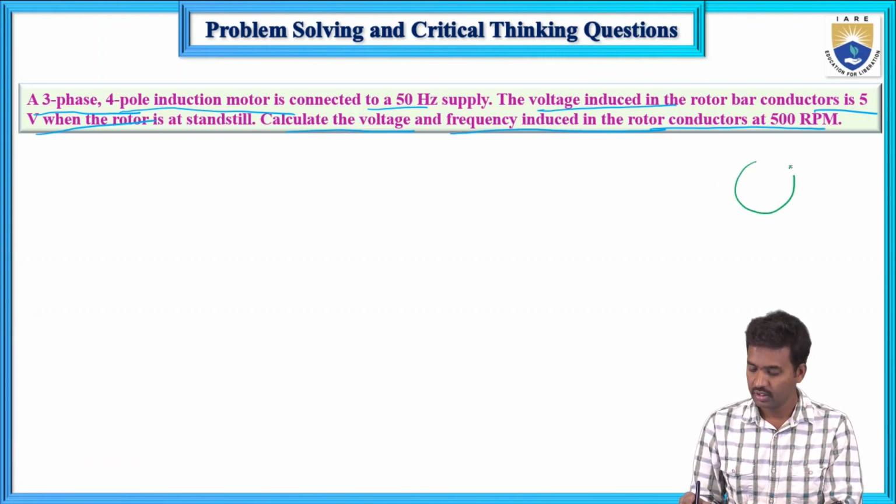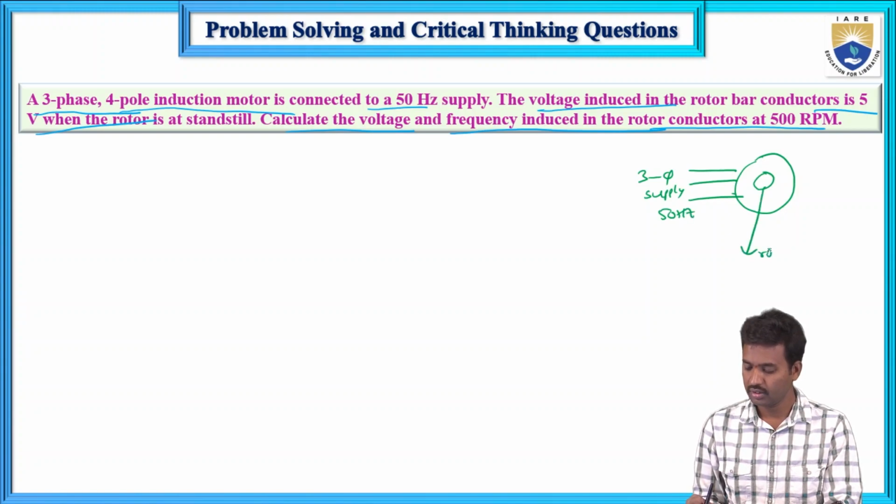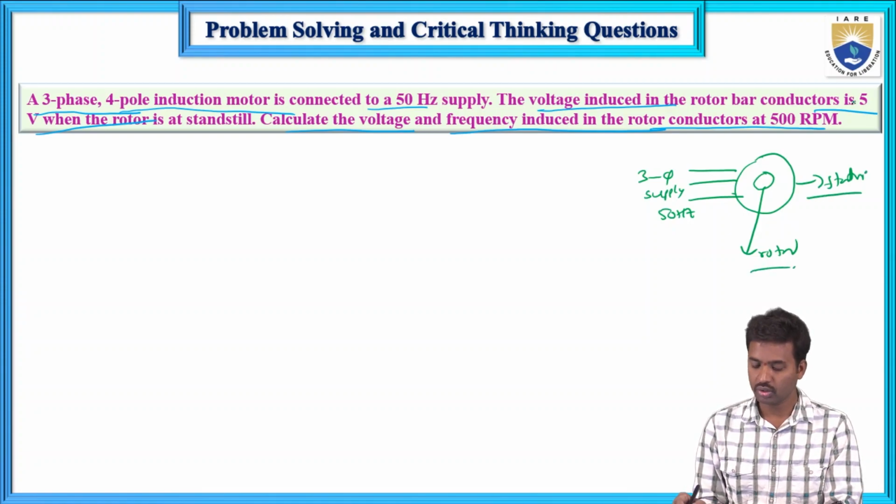So this is the 3-phase induction motor and this one is the 3-phase supply. This is the 50 Hz supply. This is the rotor and this one is the stator. So the stator supply is different and the rotor supply is different. So the rotor bars have 5 volts, and the stator voltage is different.